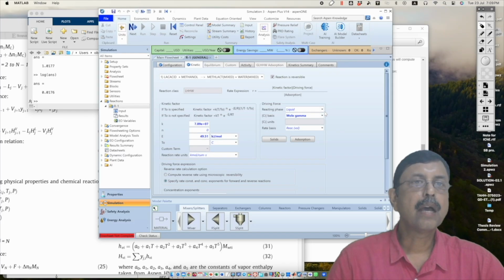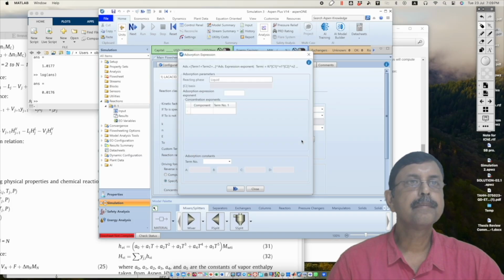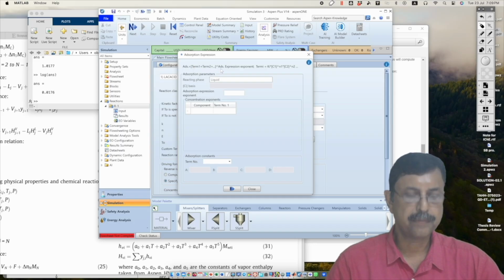Okay, now let us go to the adsorption. Right, so here the adsorption term is equal to term 1, term 2, term 3, term 4 and term 5.